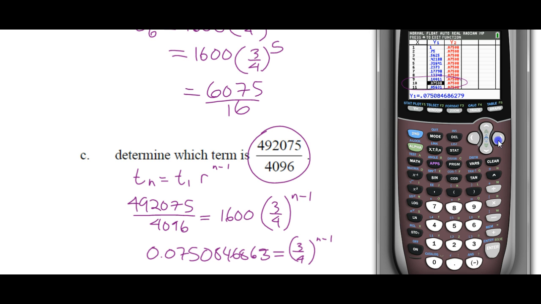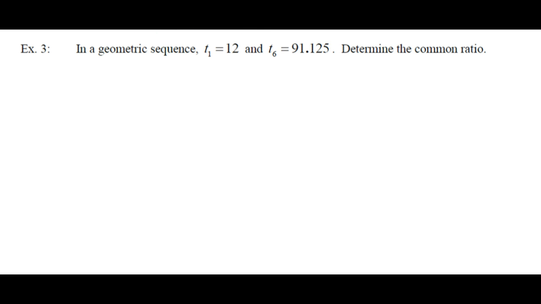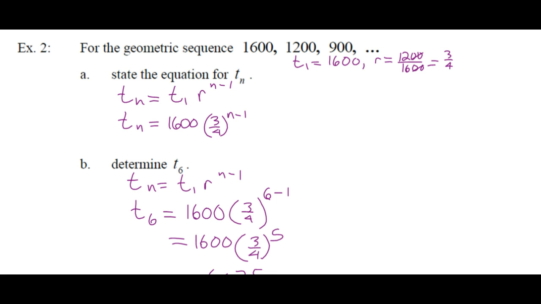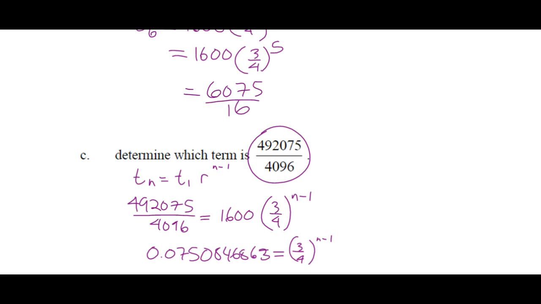Okay, so they are identical here. This just rounded because of the display in the calculator, and this is just showing you more digits. Okay, so they are the same. So n is equal to 10, and so this is the 10th term.